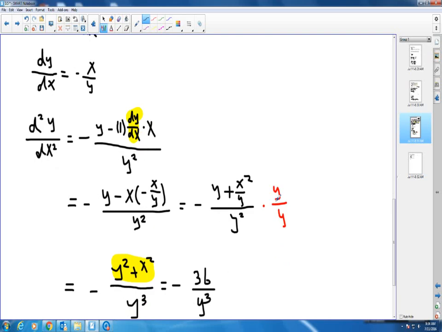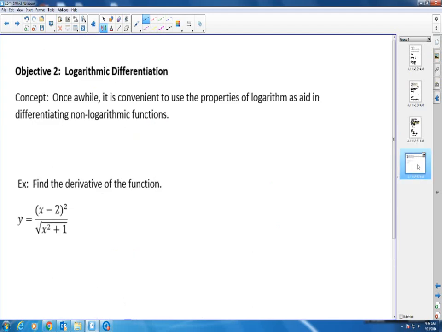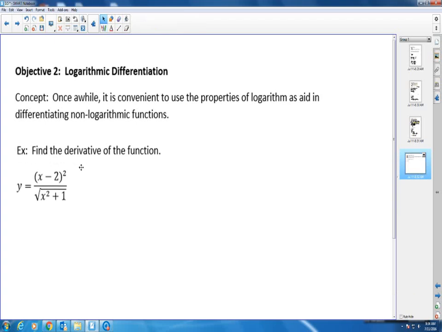Alright. Now, the last thing I want to show you in today's video is using logarithms to help us differentiate non-logarithm functions. Sometimes this is actually pretty useful.